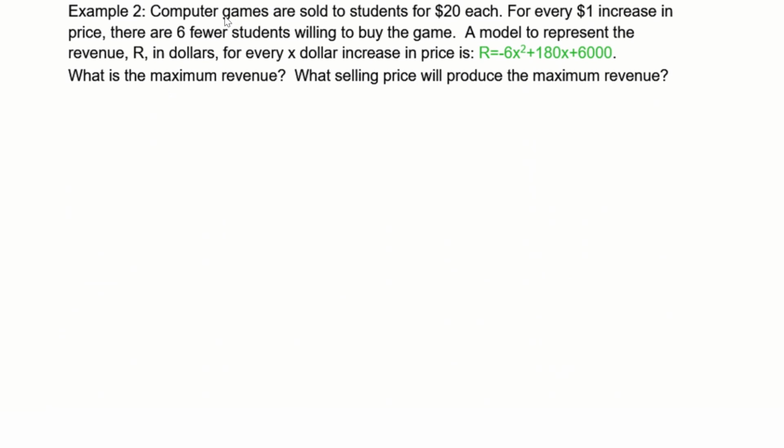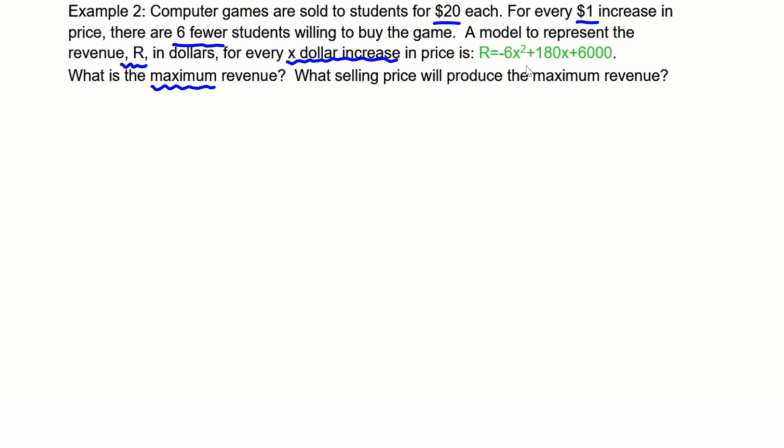Example 2: computer games are sold to students for $20 each. For every $1 increase, there are 6 fewer students willing to buy the game. A model to represent the revenue in dollars for every x dollar increase in price is given, and it asks what the maximum revenue is.